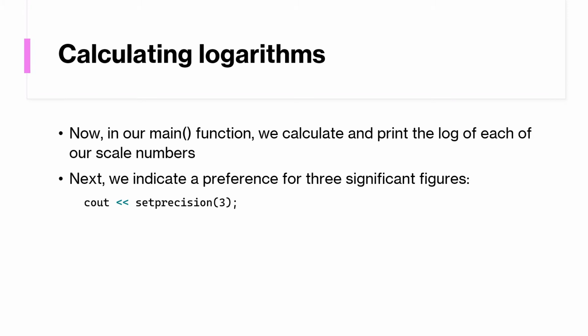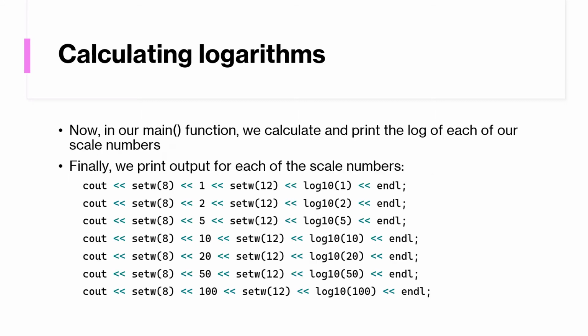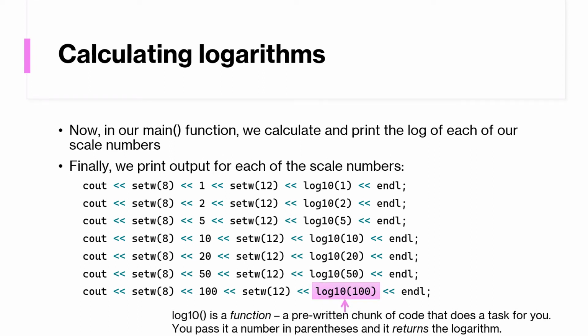C++ defaults to 6 significant figures, and that's good for some cases, but in this case, I don't want to be distracted by extra figures after the decimal point, so I want it to round to 3. And then finally, we're going to print the output for each of the scale numbers. You can see we've got setw 8, and then we print the scale number, and then we have setw 12, and we print log10 of 1, 2, 5, 10, 20, 50, 100.